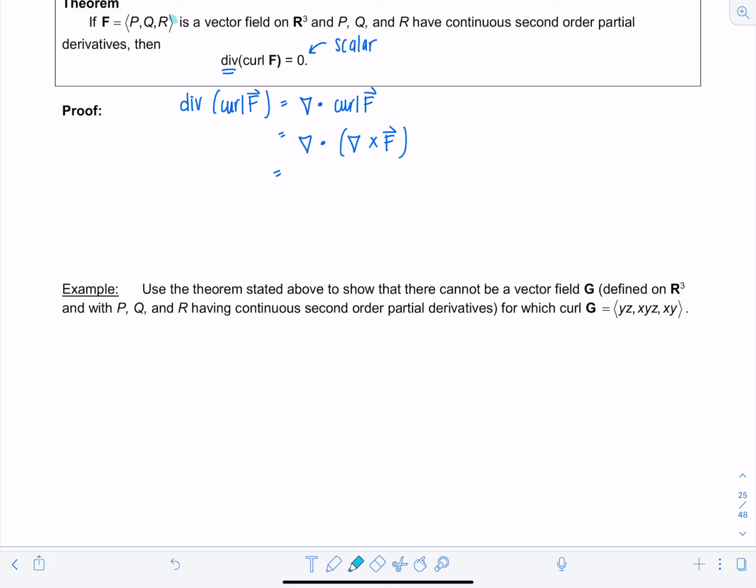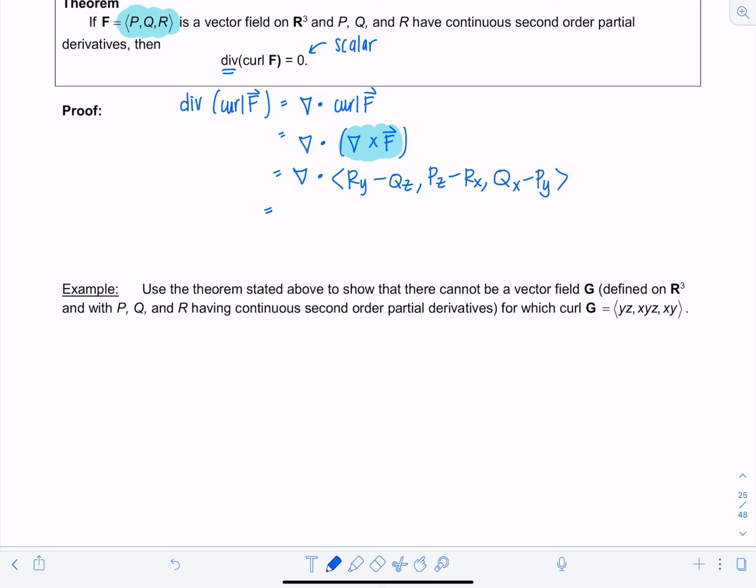Remember, F has components P, Q, and R. So I'm going to replace this with the definition that we had on the very first page. So we have del dotted with Ry minus Qz, Pz minus Rx, and then Qx minus Py.